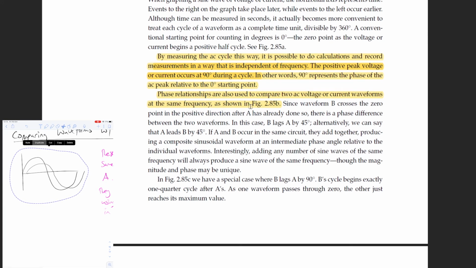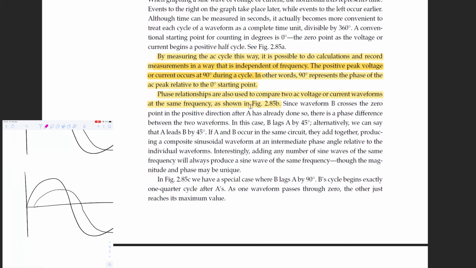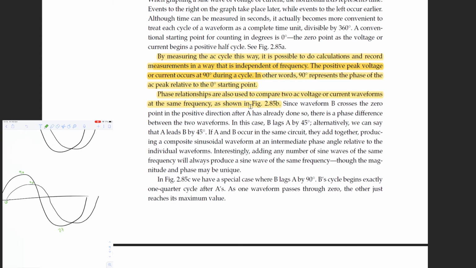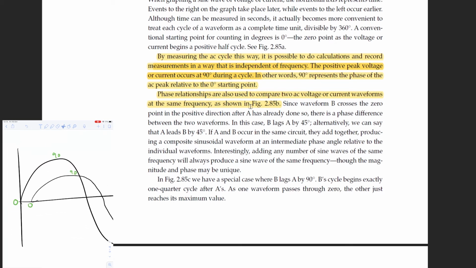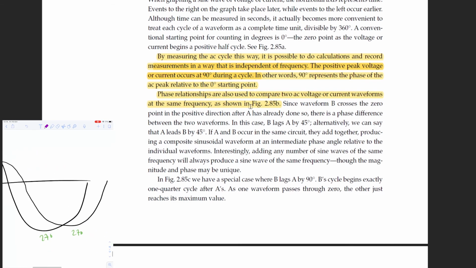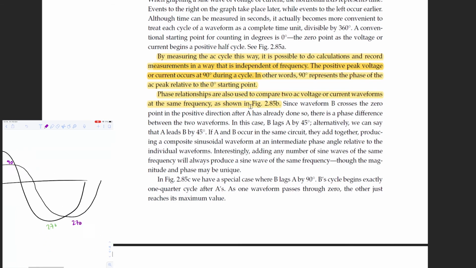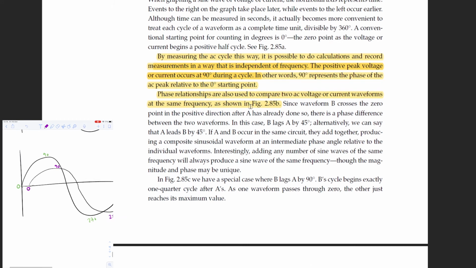Right, so what we say then, copy and paste this. So if we say that this is 0, this is 0, this is 90, this is 90, this is 270, 270. We've probably done these other ones in a different color. 0, 90, 270.